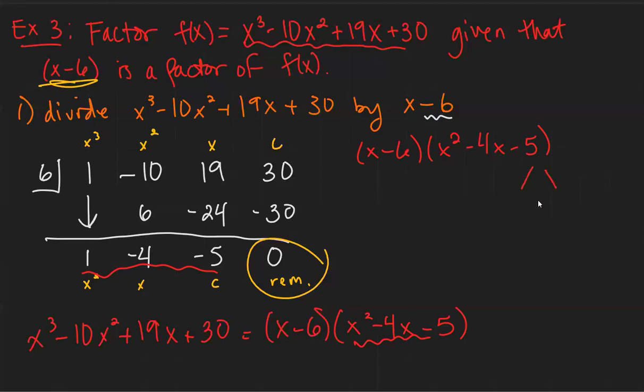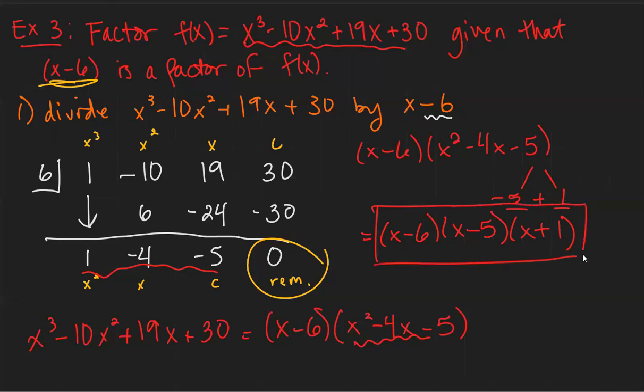Why, yes, those two numbers are negative 5 and positive 1. So this is equal to x minus 6, x minus 5, x plus 1. Boom, bam. We have factored the cubic function that we started with.